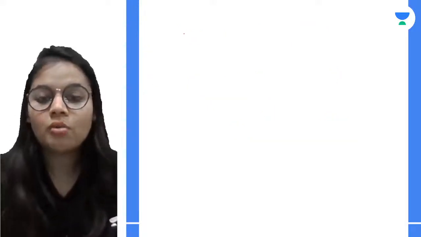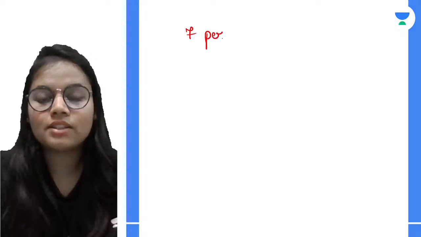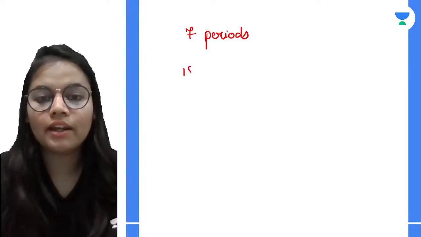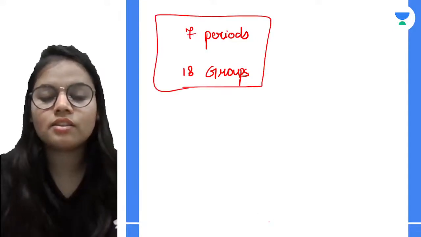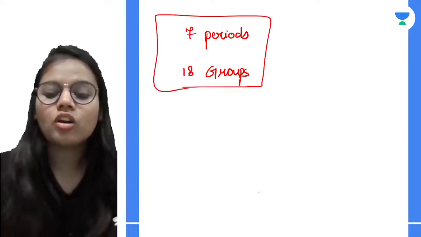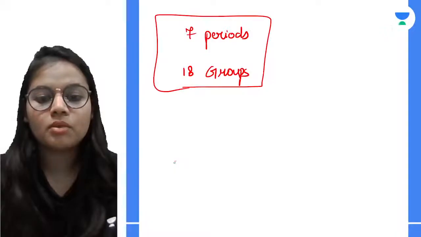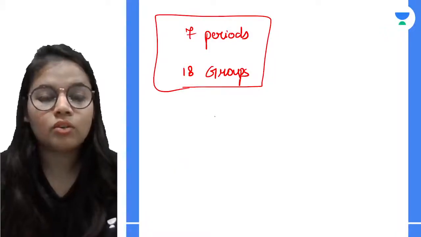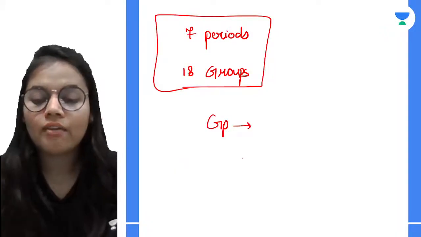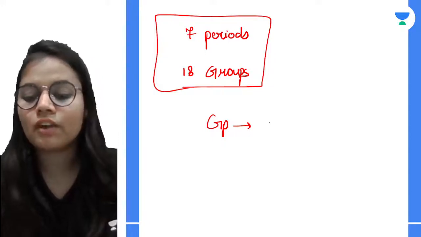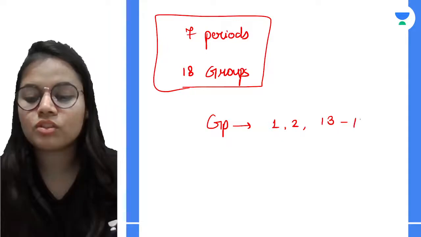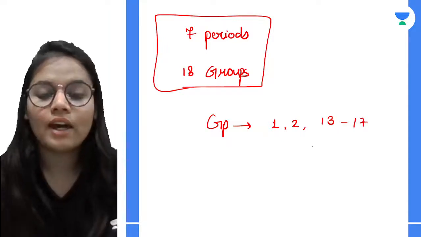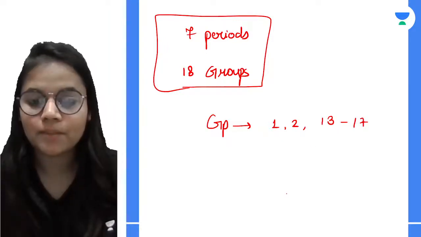In our modern periodic table, we have 7 periods and 18 groups, and the elements are arranged in these. Talking about the groups, we have 18 groups. Group number 1, 2 and 13 to 17 are known as representative elements.